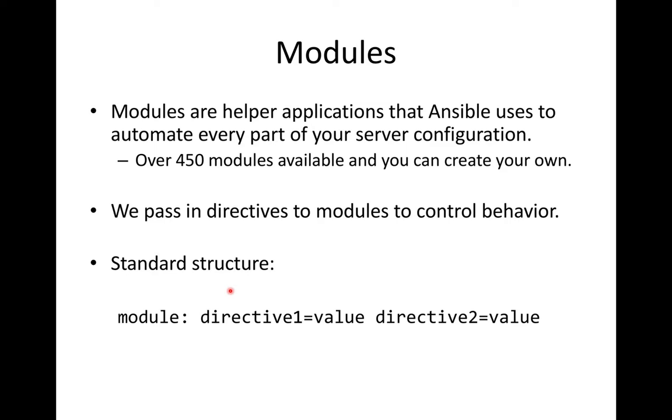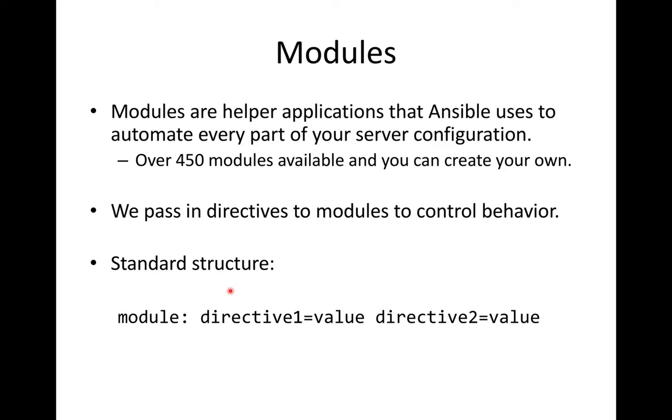So when you're using modules, you're basically passing in directives, or another way to think of it is you're passing in arguments to a module. It's like you're running a command. Think of it as almost like running a shell command, and you're passing in arguments to that command, and the module will then run a certain way based on those arguments.